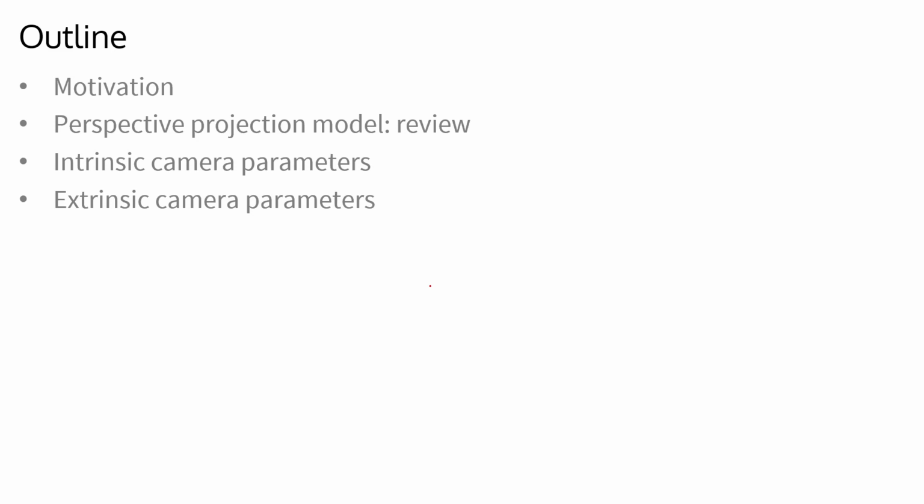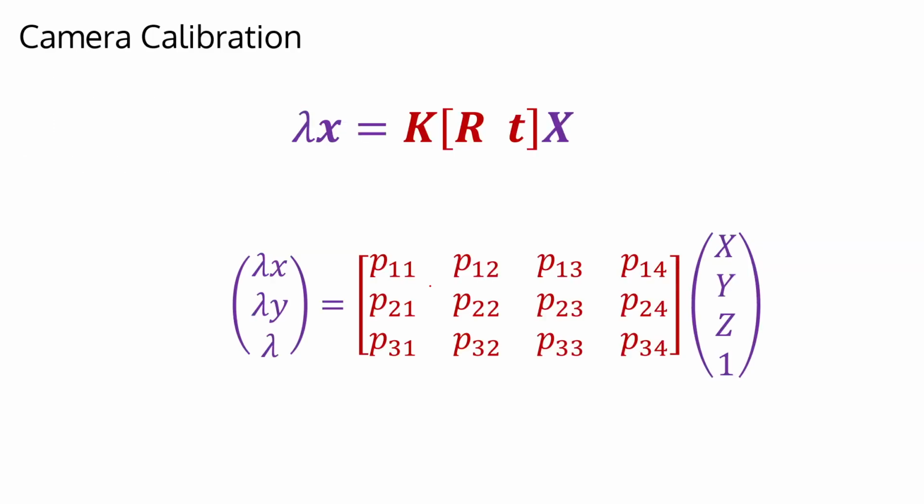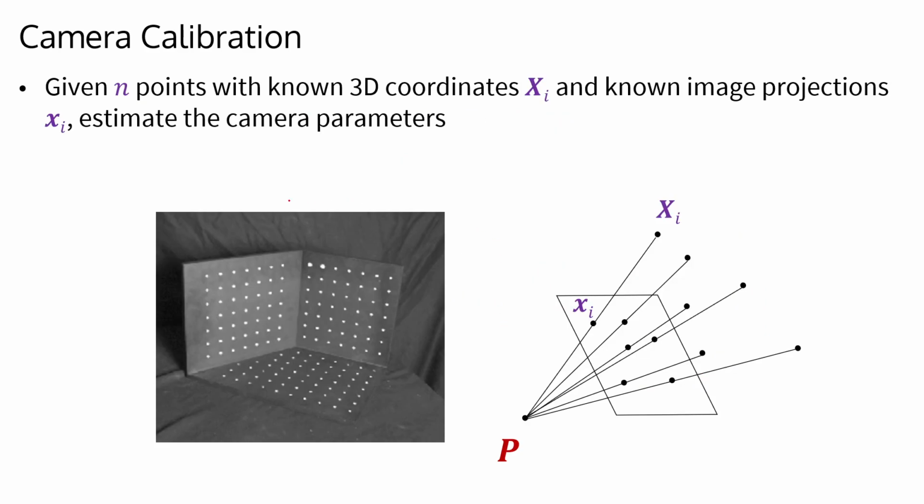Okay, let's briefly look at calibration, how to obtain these parameters. There are many ways to obtain these parameters. If you think about the camera calibration matrix, it's a 3 by 4 matrix, so there are 12 parameters that we need to obtain. Given n points with known 3D coordinates Xi and known image projections xi, estimate the camera parameters.